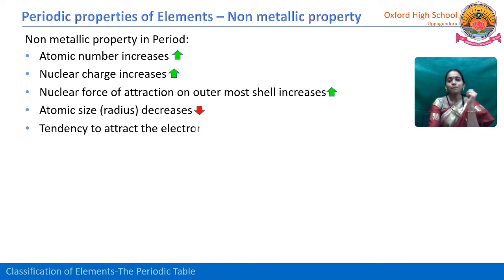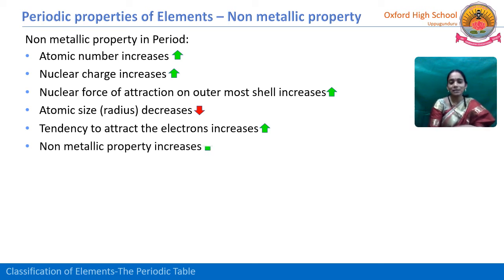But here what will happen? The nuclear force of attraction is very high, so the tendency to attract the electrons also increases. Non-metals are electronegative elements, so they will attract the electrons. The tendency to attract the electrons increases, which means non-metallic character increases.